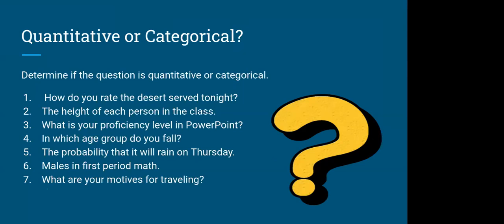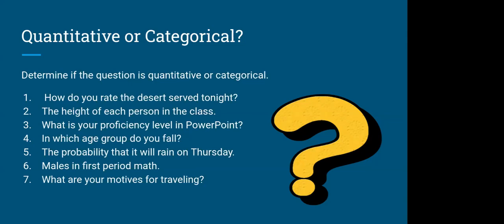And is it ordinal or nominal? Ordinal. Yes, it is ordinal because the response to those questions can be very good, good, fair, or poor. So yes, it is ordinal categorical data.